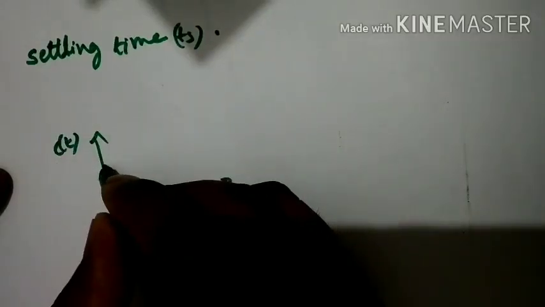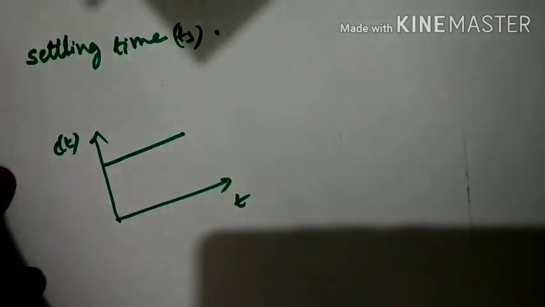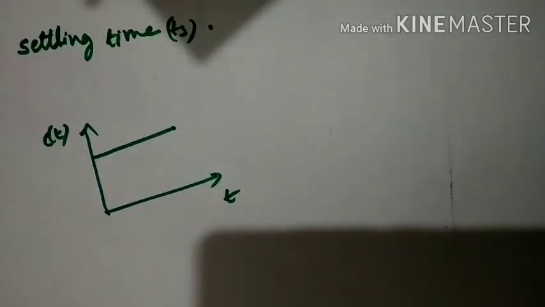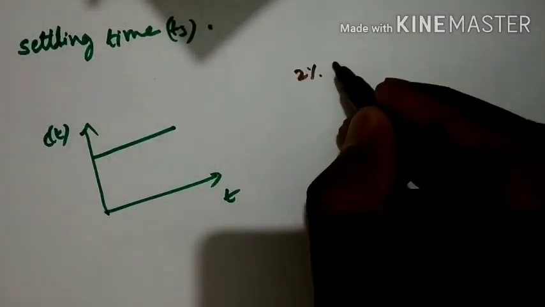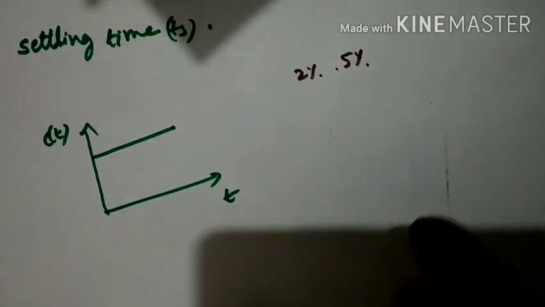This one is your input signal, and you also see there are bands, a 2% and 5% tolerance band.